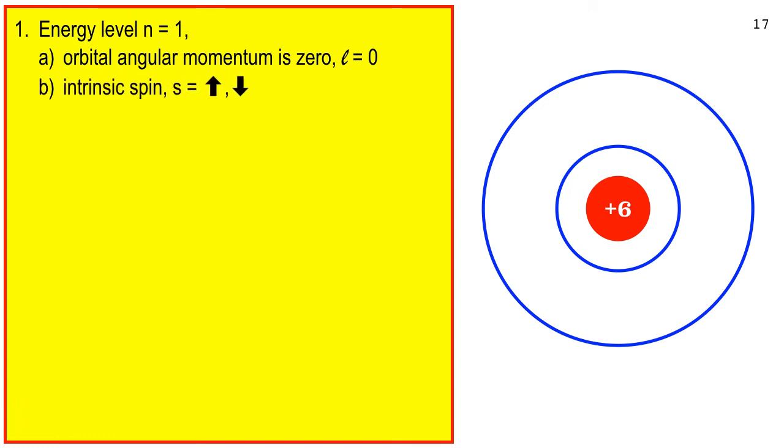You can think of it as clockwise or counterclockwise for the intrinsic spin. And so the total population of electrons in n equals 1 is just 2 electrons. Okay, now every energy level is going to have a 0 angular momentum suborbit, right? Now, what is 0 angular momentum?